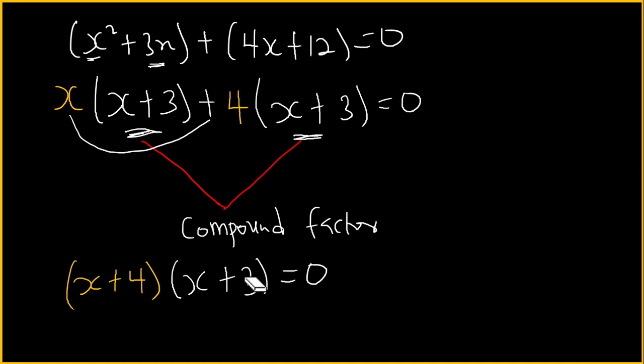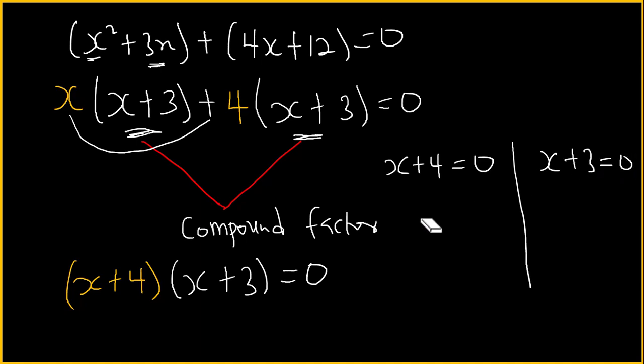So we are back to our first type when the equation given was in the factor form. Now what we are going to do is to draw our thin line somewhere here and equate the factors to 0. So x plus 4 equals 0, x plus 3 equals 0. Let's find our value x.